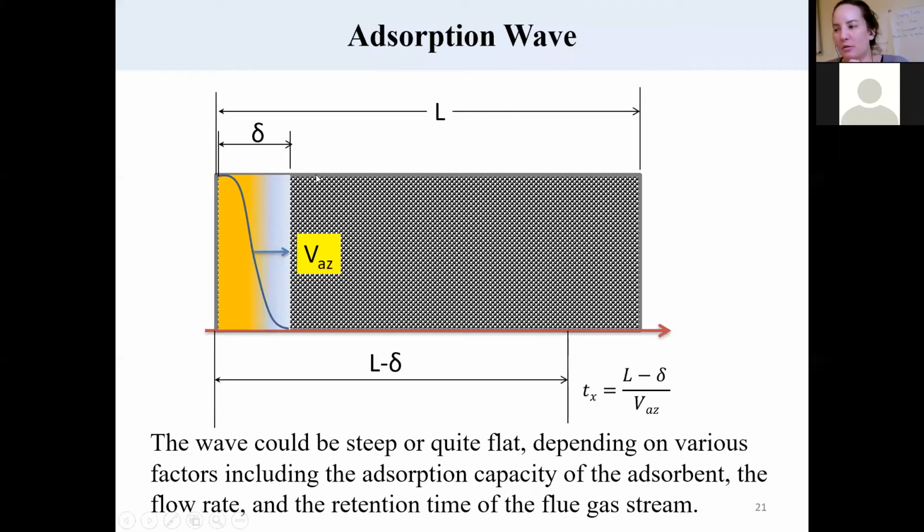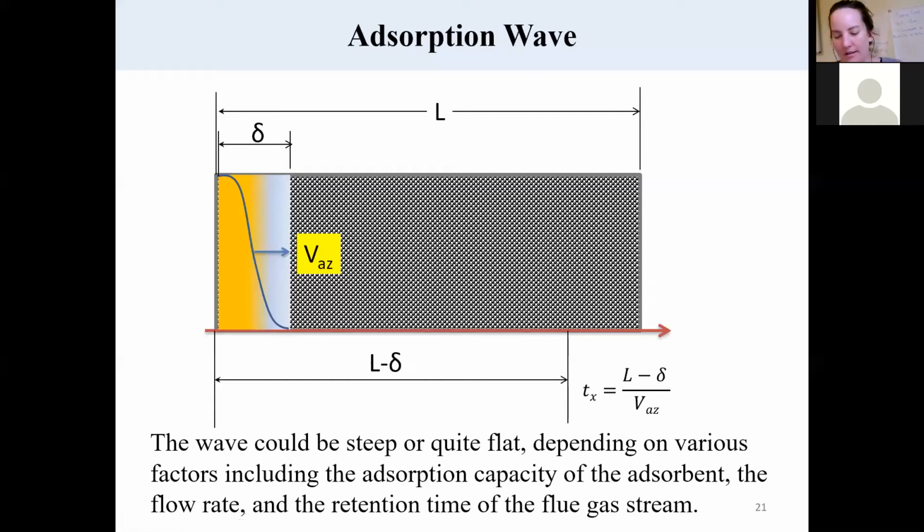But it just moves along the length of the filter. This means that to the left of this adsorption wave, most of the sites are already occupied; within the wave, the concentration is decreasing rapidly; and to the right you have mostly unused filter, which has only been in contact with the clean air.